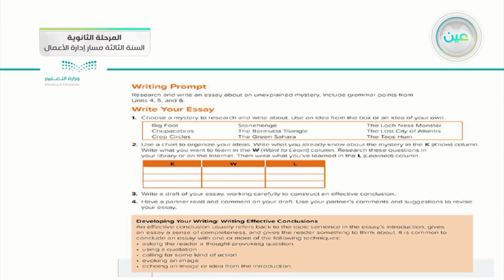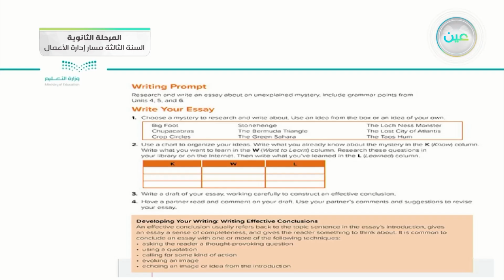Number 1, Bigfoot, Stonehenge, the Loch Ness Monster, Chupacabras, the Bermuda Triangle, the lost city of Atlantis, crop circles, the Green Sahara and the Taos Hum. These are some titles or big ideas for your research.